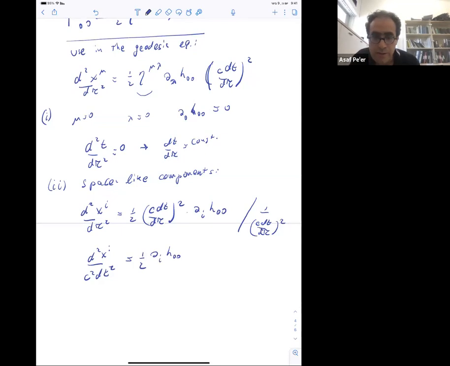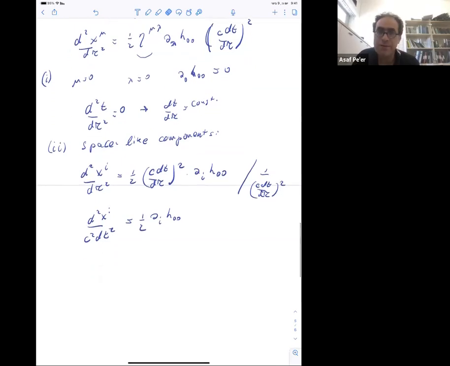I'm just taking the derivative of the 0,0 term of the small perturbation of the metric from the Minkowski. The next thing is to simply identify this 0,0 term of the perturbation h with the Newtonian potential.